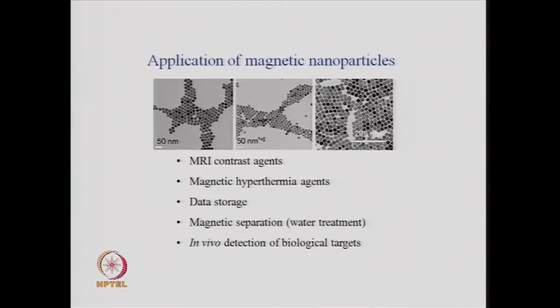Now, there are many applications of magnetic nanoparticles, and these are some of the applications listed here. So, you can use them as MRI contrast agents. I think we mentioned yesterday in the last lecture that you can use them for magnetic resonance imaging.